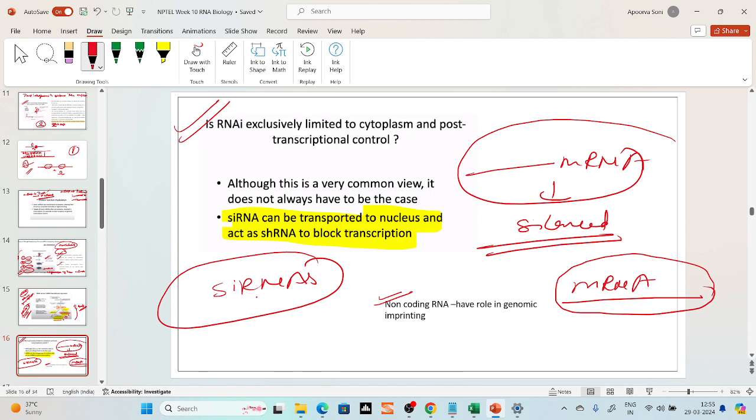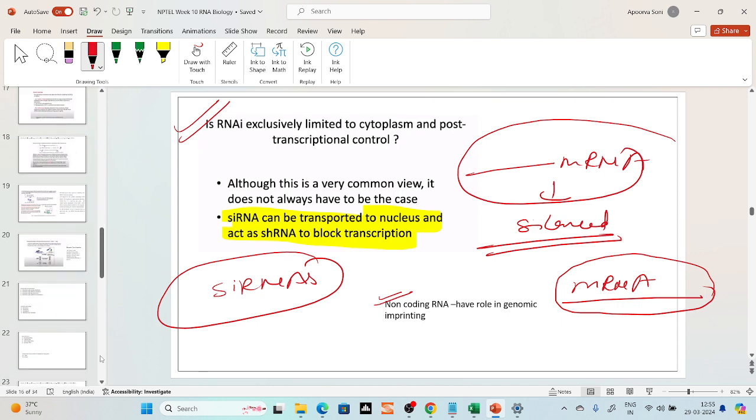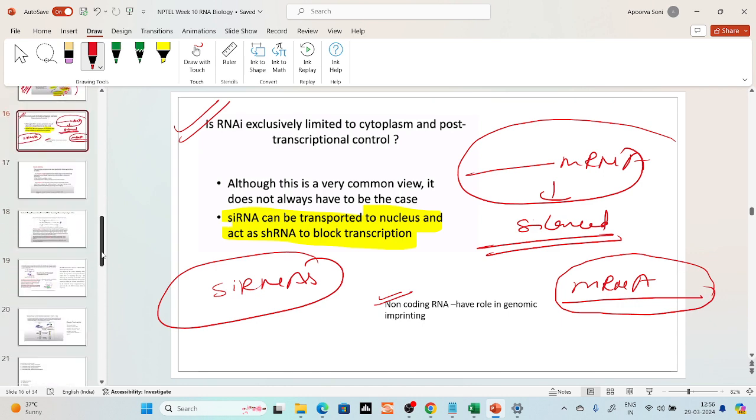So before the translation starts, these siRNAs go and bind to the mRNA and degrade it. But what they can also do is go inside the nucleus and block the expression of the gene before it is transcribed, before it comes out of the nucleus. Then and there it blocks the expression.